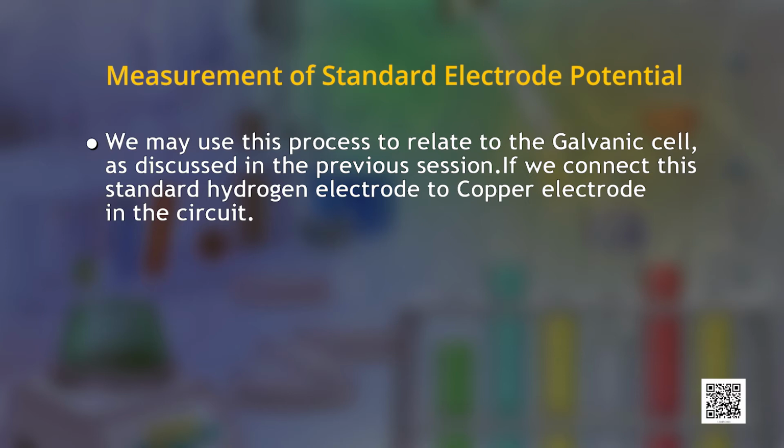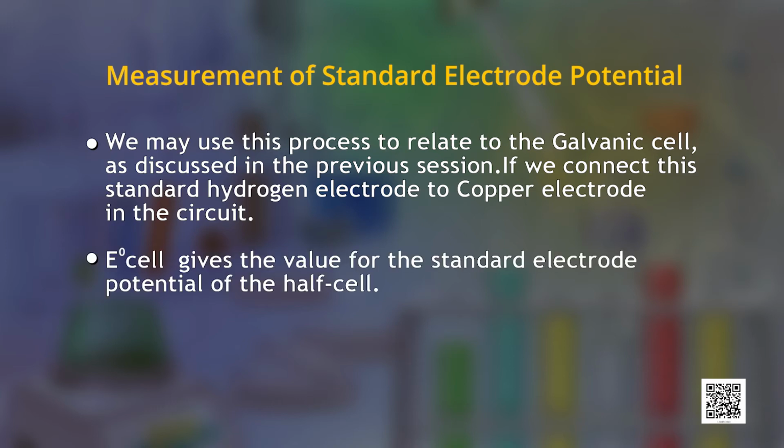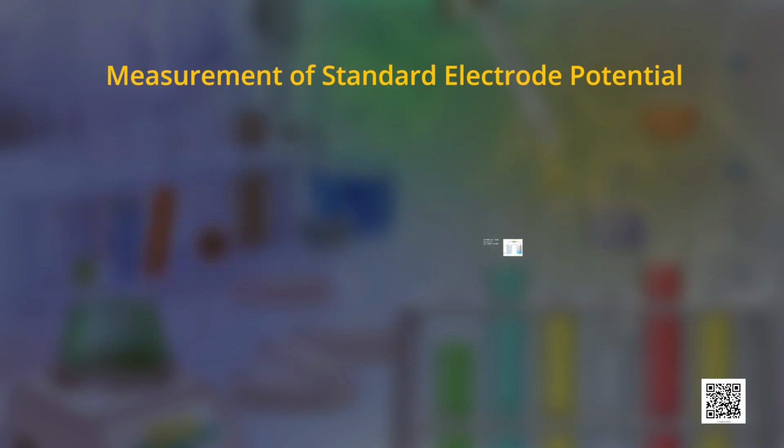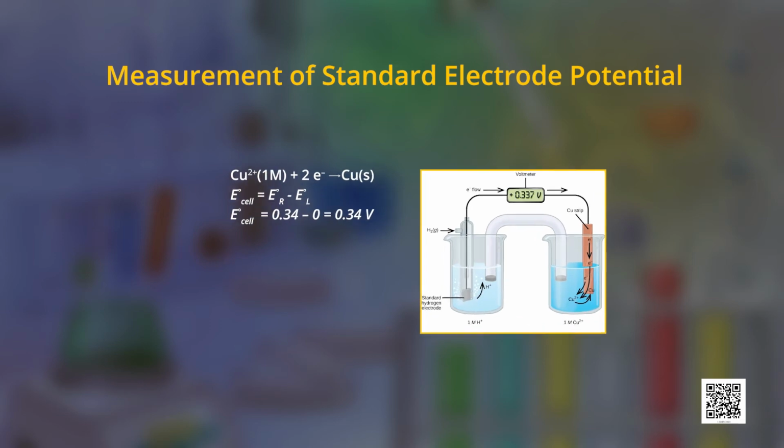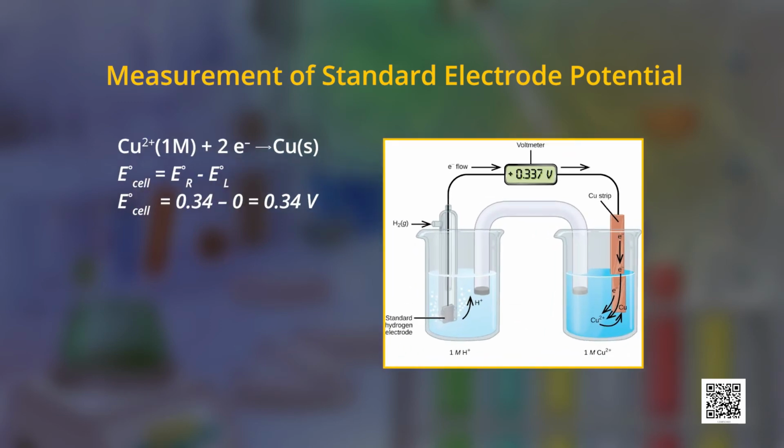If we connect the standard hydrogen electrode to copper electrode in the circuit, E0 cell gives the value for the standard electrode potential of the half cell, corresponding to the reaction when copper ions gain 2 electrons to form copper metal. The measured standard EMF of the cell is recorded as 0.34 volt using the expression E0 cell is equal to E0 right minus E0 left.